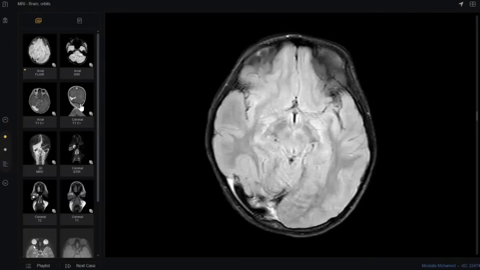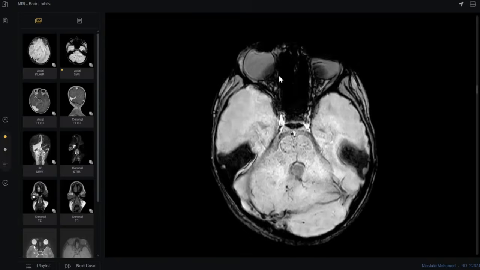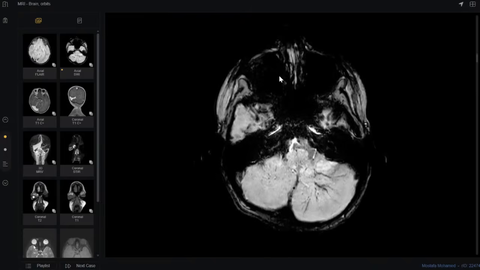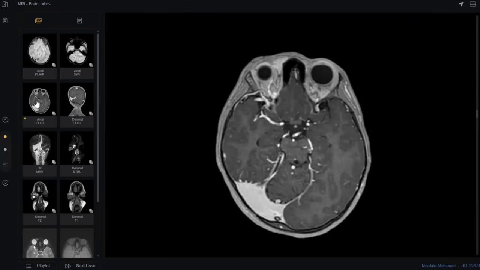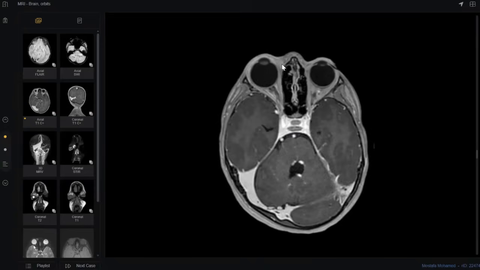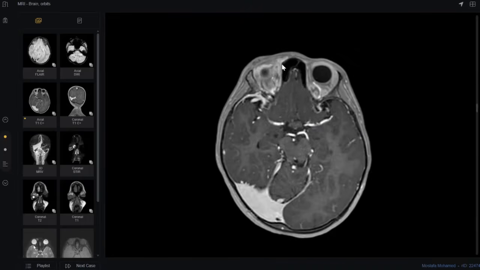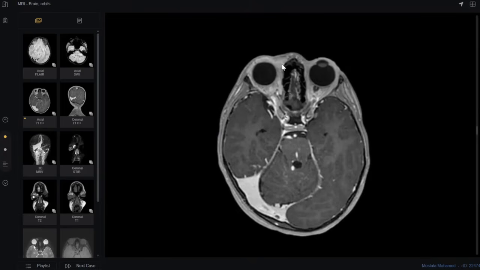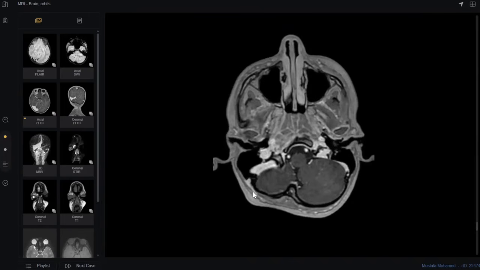There are two findings. One at the end of the film here, multiple DVA in the cerebellum, and the other one here in the left eye, an intra and extracranial vascular anomaly, associated with marked dilatation of the left sinus.